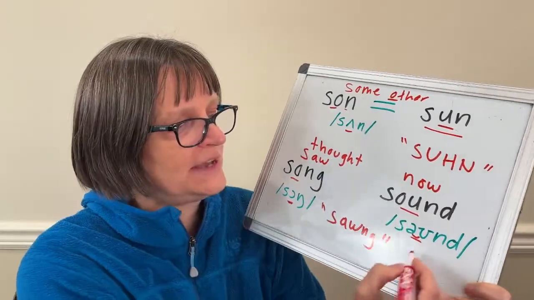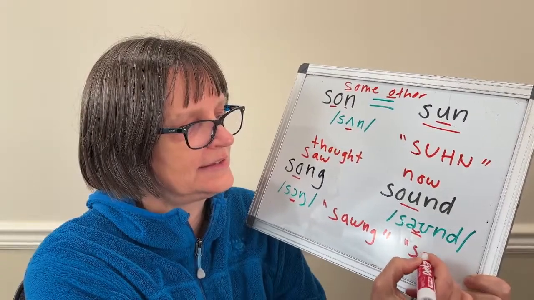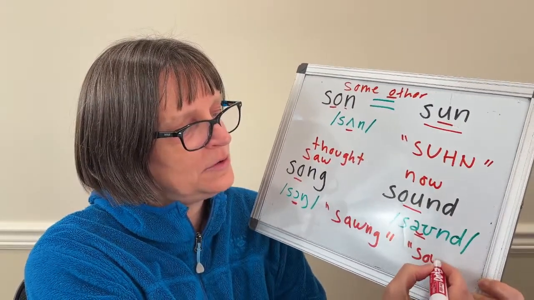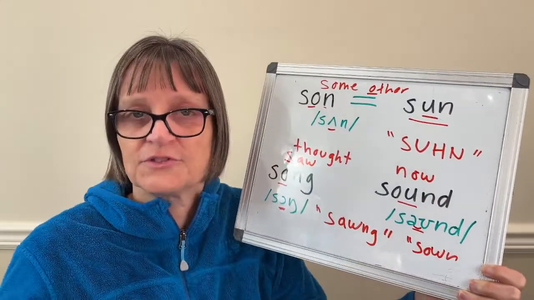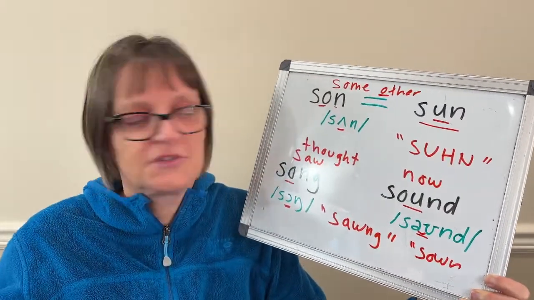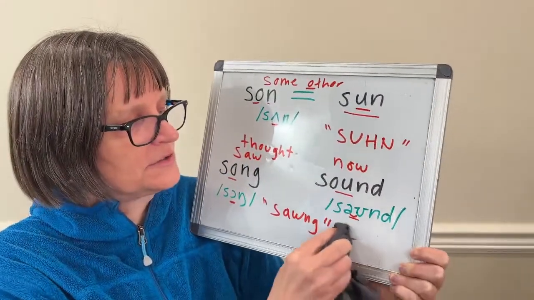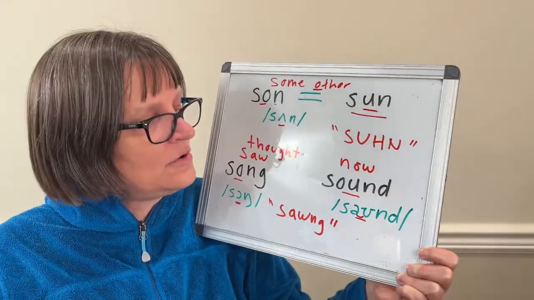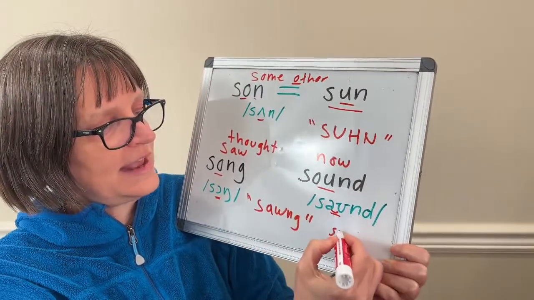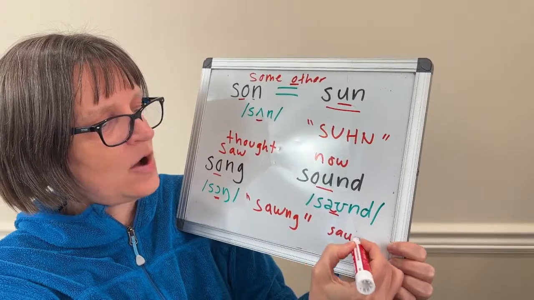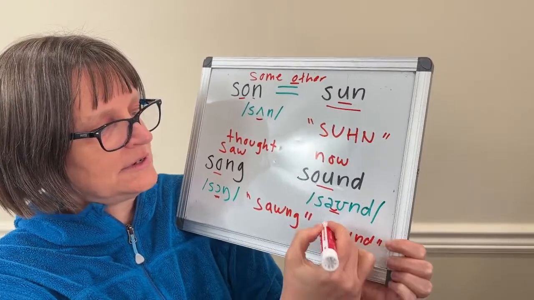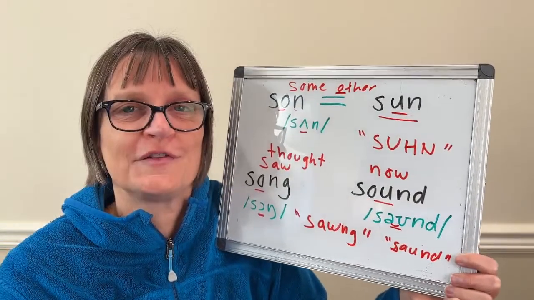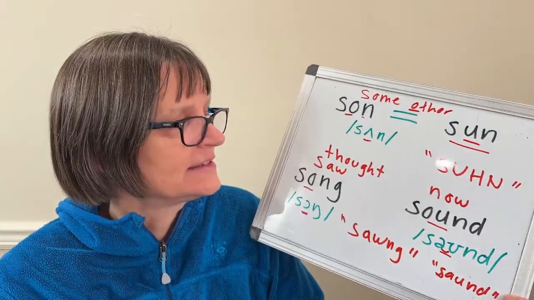And you can visualize it more like sound. I would write it with OW, but that looks to me like sown, because there's a word sown. So OW can also say O. So rather than using OW here, for ow, sometimes I will write it with an AU, sound. Or you can just remember that OU often says the ow sound, like in sound.